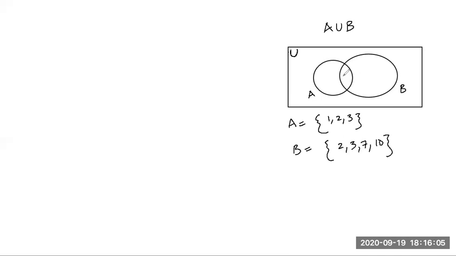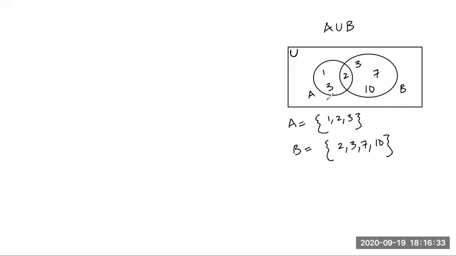So in this circle of A, I'll get 2, 1, and 3. Am I right? And in B, I get 2 as common, then 3, 7, 10. Now you see, in this beautiful way, 2 is not getting repeated. So A union B has 6 elements: 1, 2, 3, 7, 10, and so on. This is a representation of A union B.